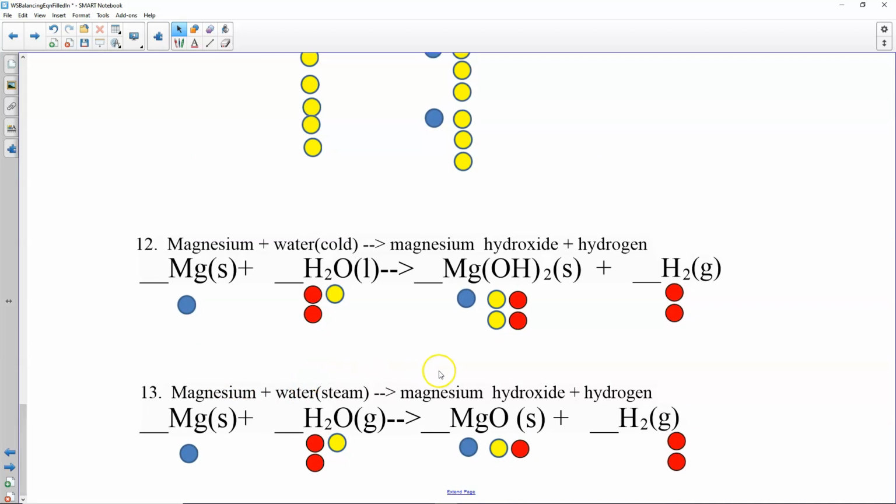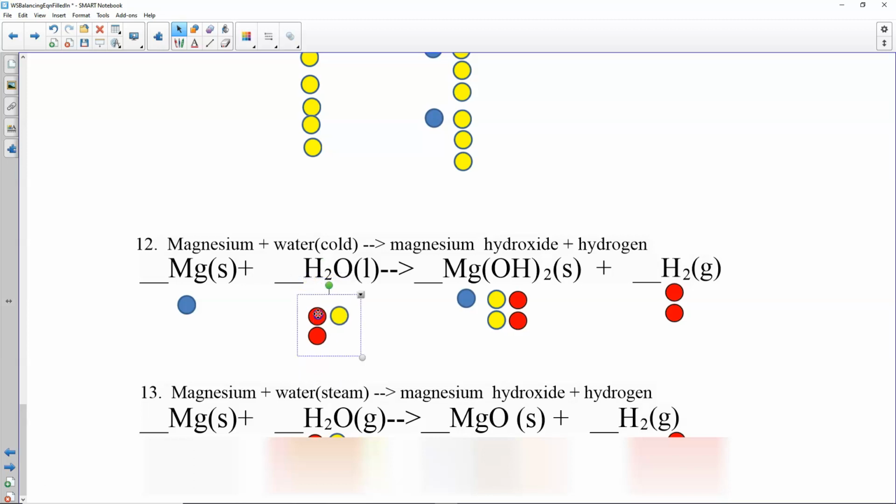2 final questions. Hydrogen isn't currently balanced, so we'll need to add some more hydrogen to the left. And that is now balanced. 1 magnesium on each side, 4 hydrogens on each side, 2 oxygens on each side.